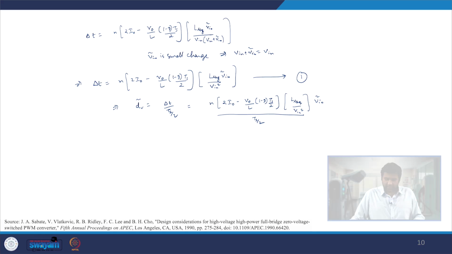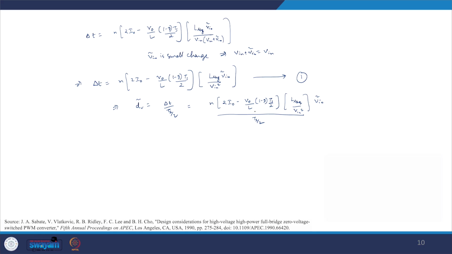This is due to the change in the effective duty ratio due to the change in the input voltage, the additional effect due to the change in the input voltage.